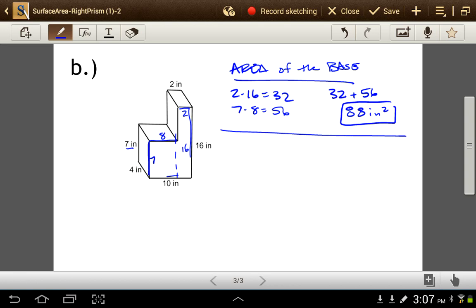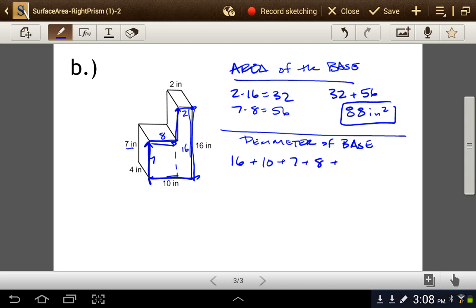Now let's find the perimeter of the base. Again, for the perimeter of the base, you need to add up all sides. There are 6 sides in this one again. I'm just going to start here and work across. There's 16 plus 10 plus 7 plus 8 plus, I haven't figured that one out yet, so I've got to figure that one out.